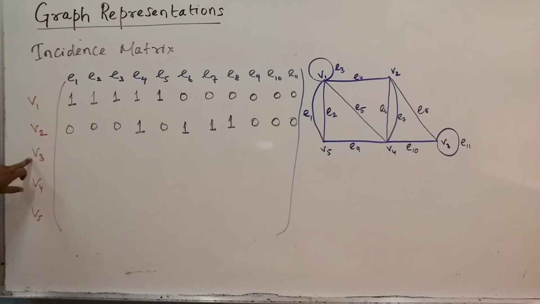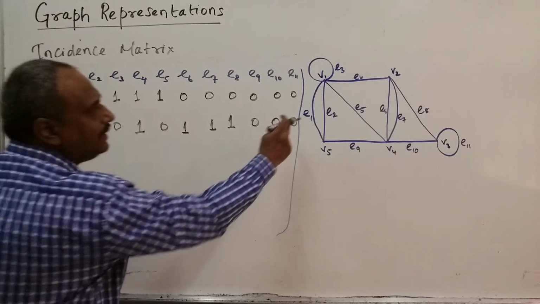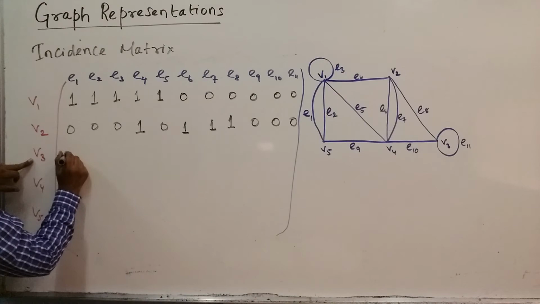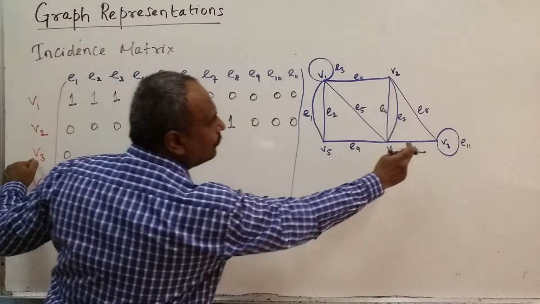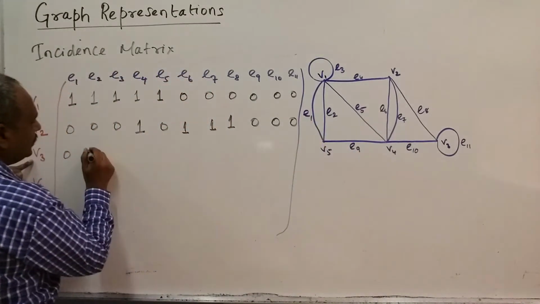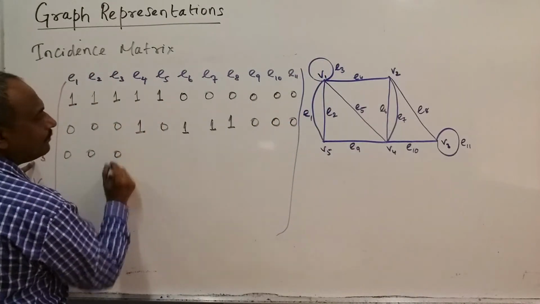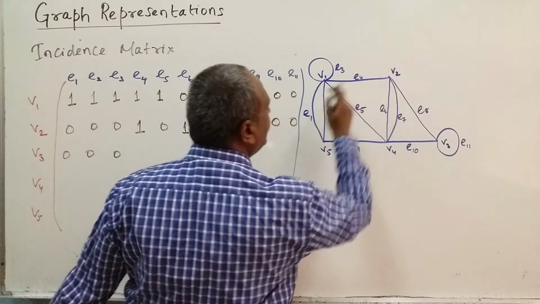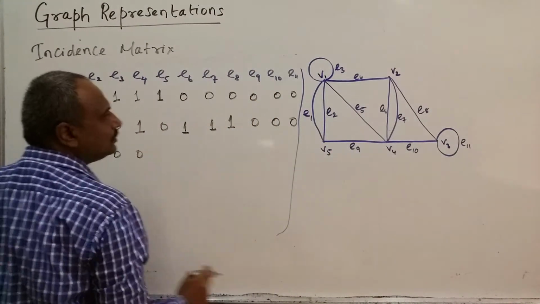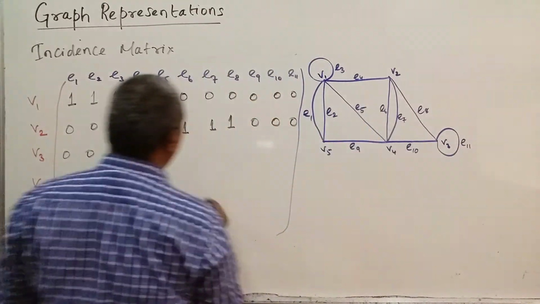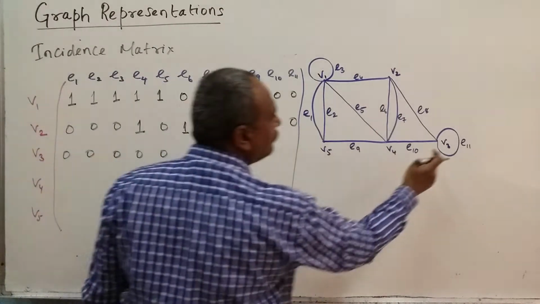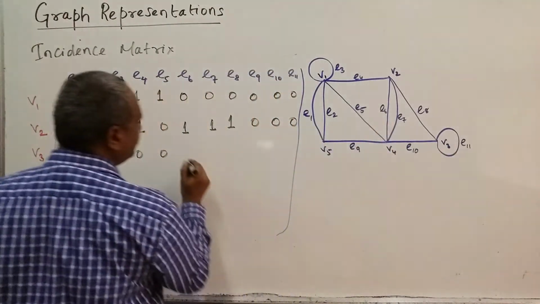I am going to check for V3, the next one. V3, E1, far away, 0. V3, E2, 0. V3, E3, 0. V3, E4, 0. V3, E5, 0, no connection. V3, E6, 0.